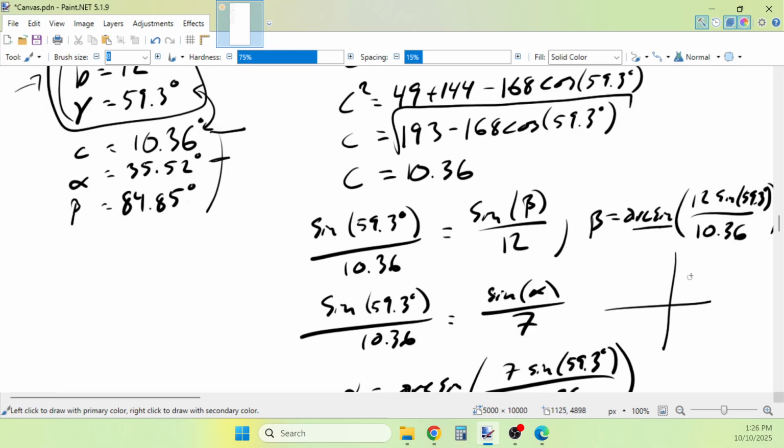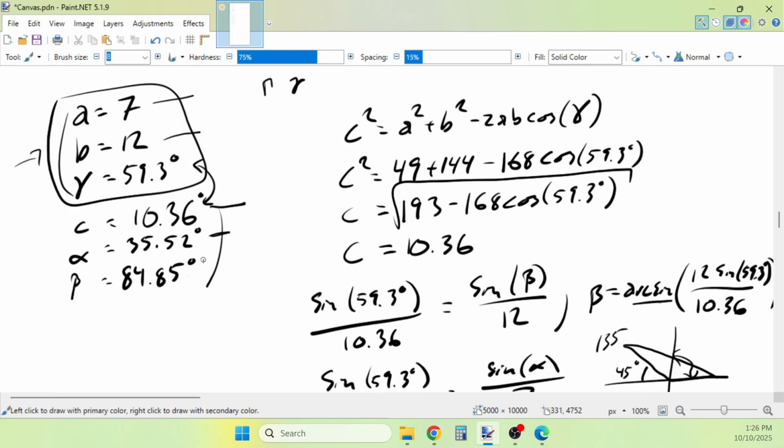Reference angles are less than 90 degrees. They're always in quadrant 1. So if your angle is supposed to be like 135, if that's the angle of your triangle, arc sine will tell you 45 because that's the reference. So what's going on here is we were given the reference angle for one of our angles.